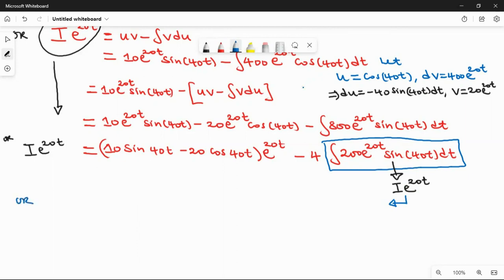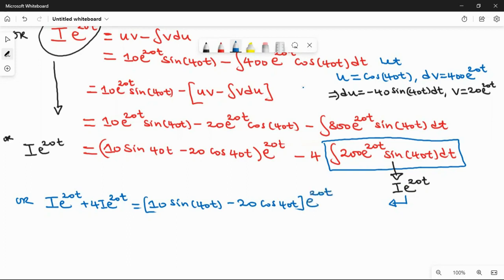So you say I exponential 20t plus 4I exponential 20t is the same as 10 sine 40t minus 20 cos 40t, and this is times exponential 20t.